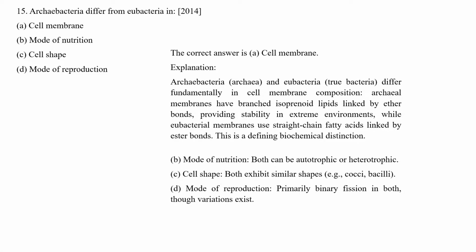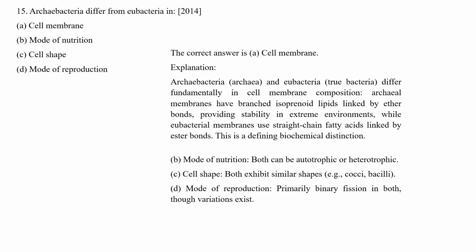Before moving to the next question, I also explain the other options. Mode of nutrition: both archaebacteria and eubacteria can be autotrophic or heterotrophic, so it's not the difference between them. Cell shapes: both exhibit similar shapes like cocci and bacilli. Mode of reproduction: primarily binary fission occurs in both cases, though little variation exists.